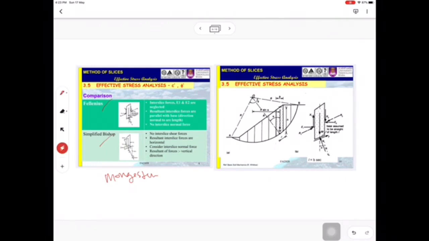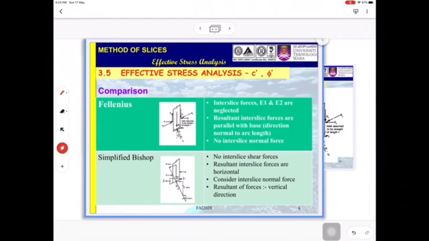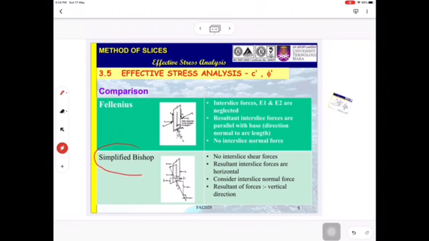For this CEG561, we only focus on these two, the Fellenius and simplified Bishop. Because the simplified Bishop is a little bit complicated, this is just an intro to you, and for your syllabus you have to focus on Fellenius.